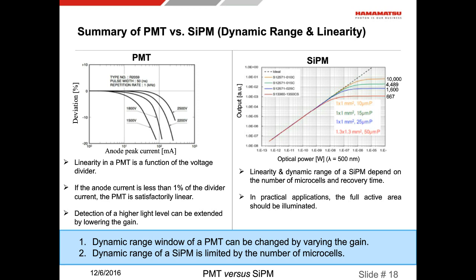The actual behaviors are shown. And on the right-hand side, we see the number of microcells corresponding to those responses. Thus, the SiPM with the greatest number of microcells remains most linear out of these four devices represented in the plot.